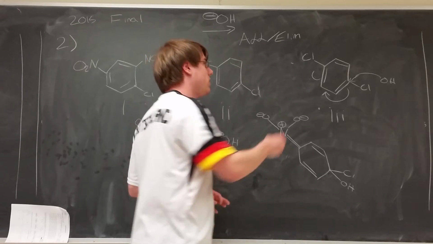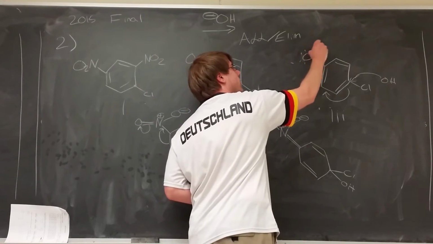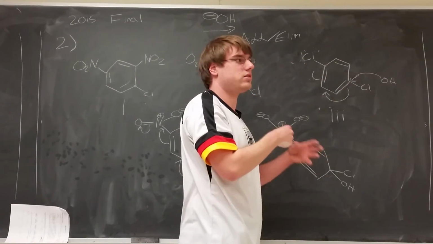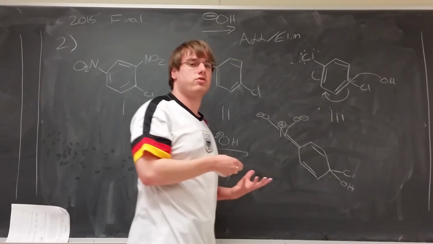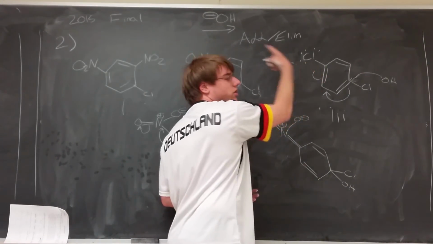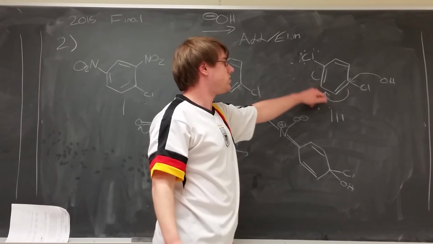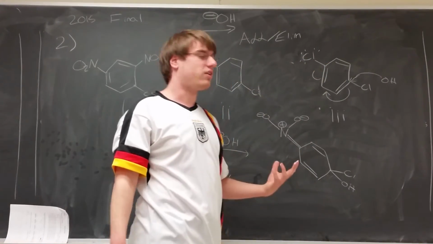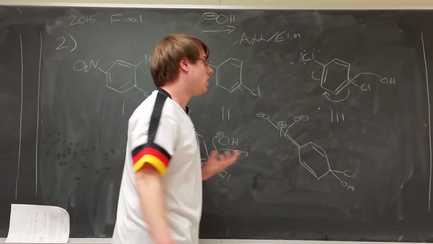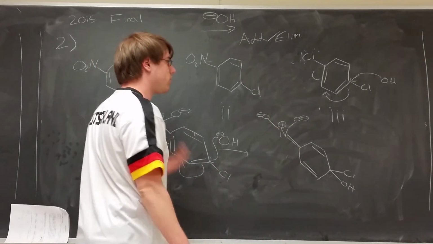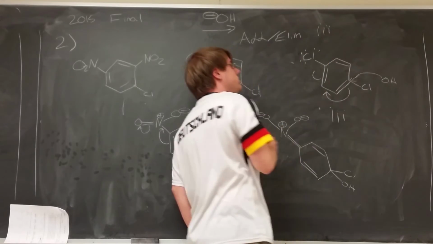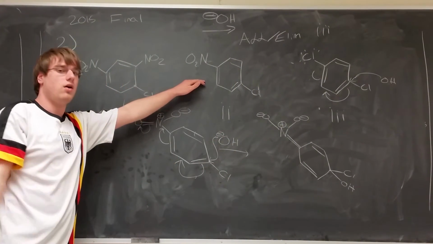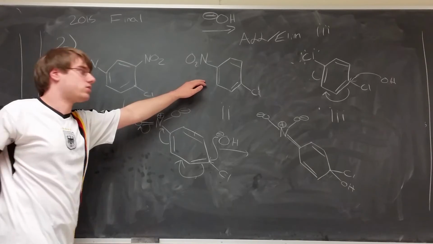Chlorine can't resonate that way because it has 3 lone pairs and a bond, so it has 8 electrons right now. You can't push the electrons up to the chlorine. So these electrons resonating from the benzene's double bonds can't go there, and so that's not so great. Which is the reason why 3 would be the worst. 3 is the worst because you can't resonate the way an NO2 can with addition elimination reactions.